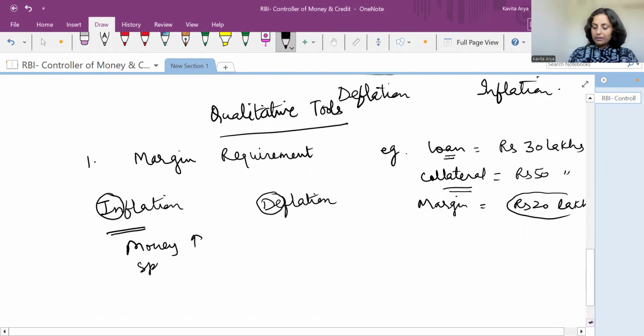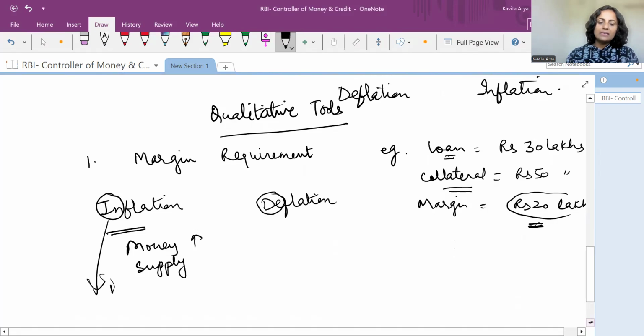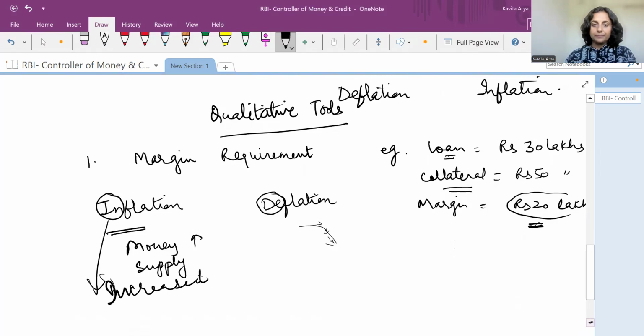So RBI wants to curb the money supply. It wants to reduce the demand for loans from the people. And when would it be reduced? When the margins are higher. So in case of inflation, the margin is increased by the RBI, and in case of deflation, the margin is decreased by the RBI.